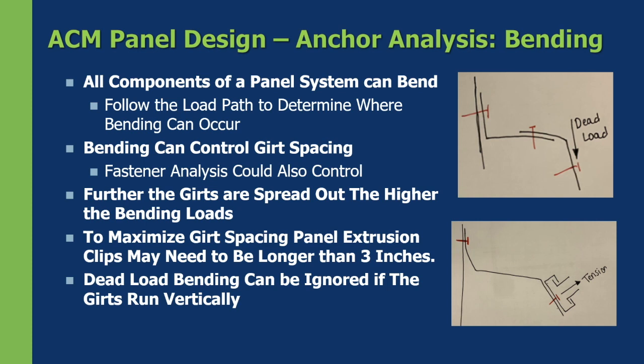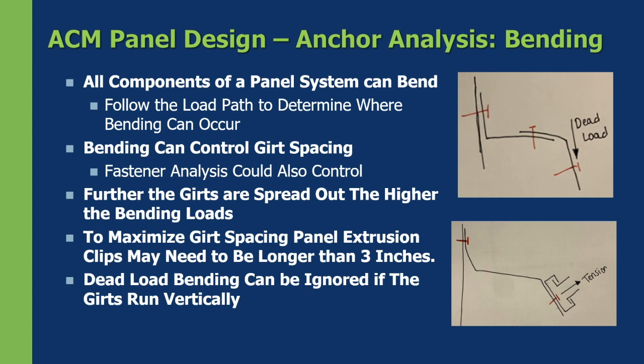This can control the spacing of the girts. The closer the girts are together, the less load on the girts, meaning there is less stress within the girts. The farther apart they are, the more stress they have. Something that your engineer will talk to you about.